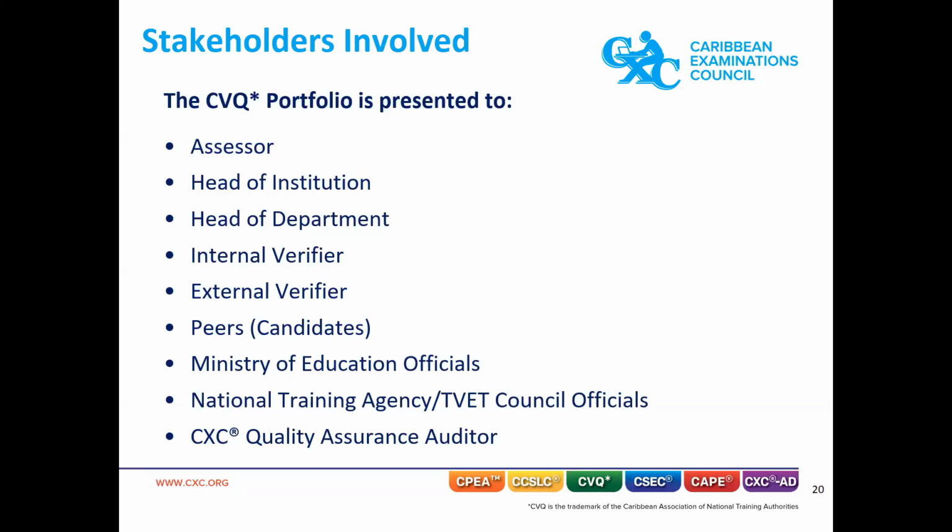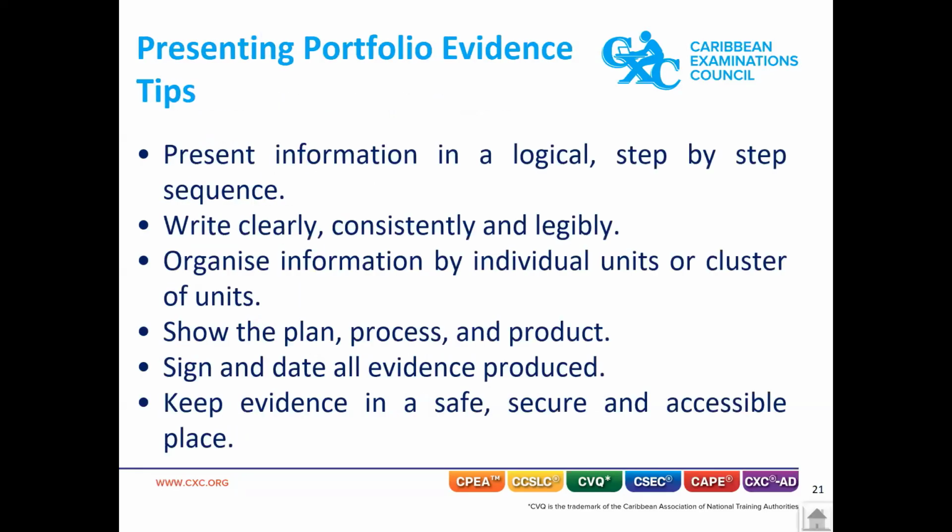So I want to make sure that all the processes were followed, so that I can make a report that, yes, you get a recommendation for your certification because all processes have been followed, including the confirmation of your competence. So that's how it works in terms of the presentation of the portfolio.